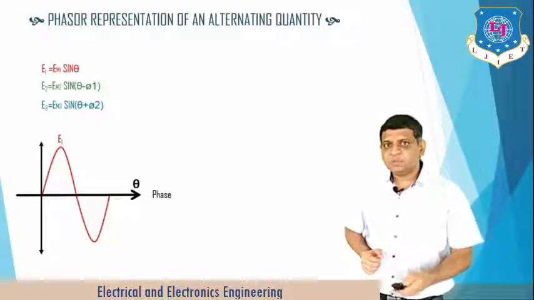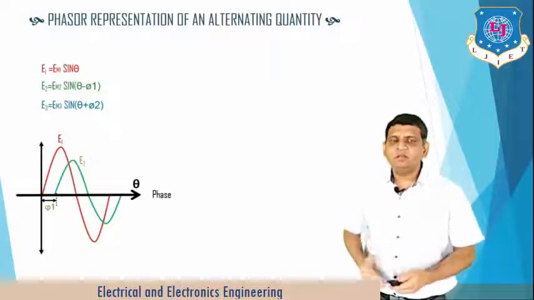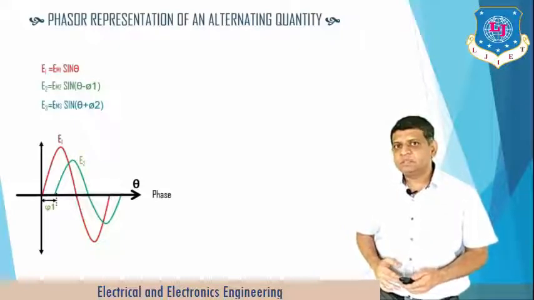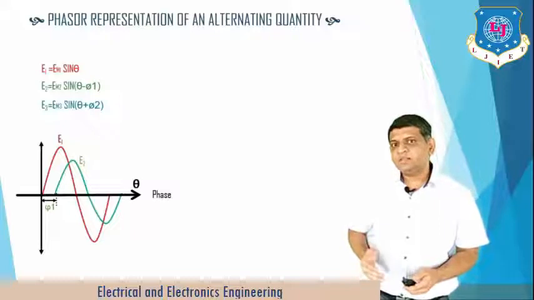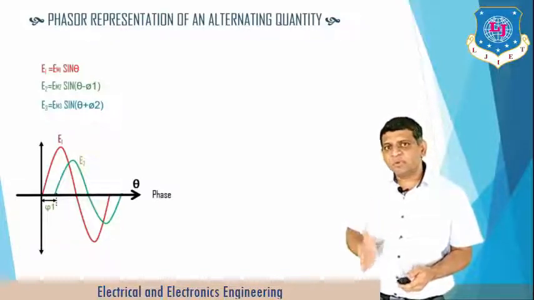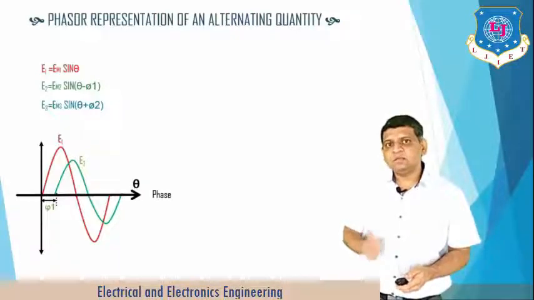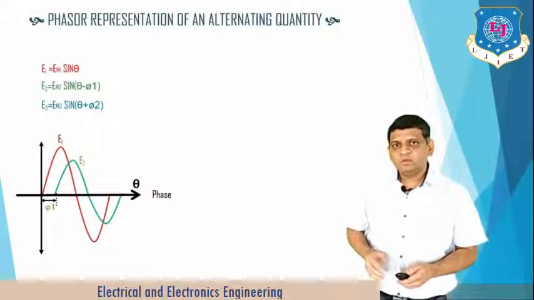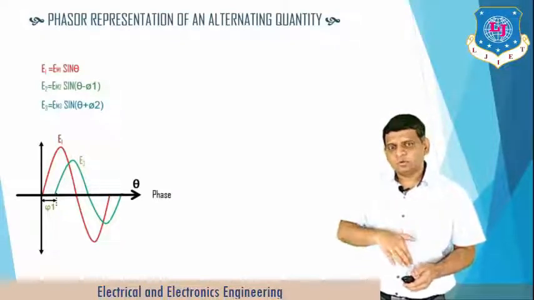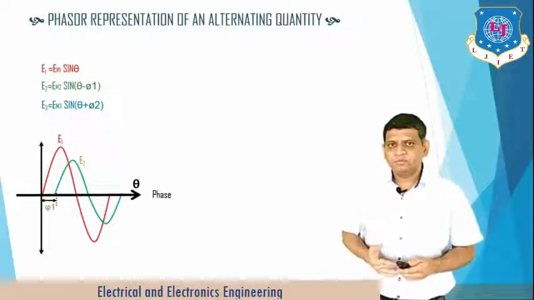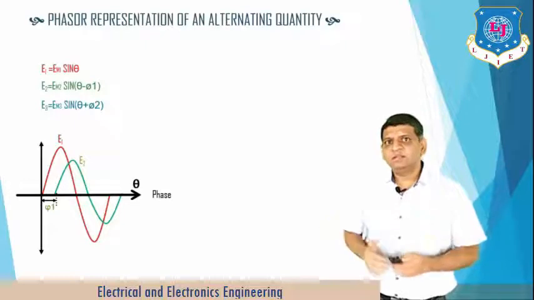Right? With this respect, if I'm going to plot another signal e2, that is equal to em2 sine theta minus phi 1. Minus phi 1 means this particular AC signal e2 does not start at angle 0, but it starts at angle phi 1. So this angle starts later on, and I can consider this signal is lagging from the signal e1.